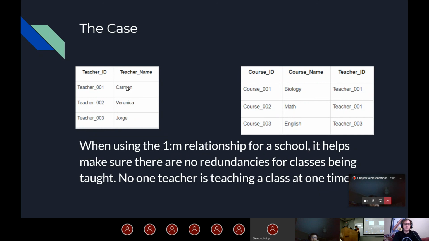And so each individual teacher has a different one, but you have to make sure that the teachers with the same names don't have the same ID code. Then the teacher ID code is the same category for the course table over here, and each individual course has its own separate ID, but the same teacher can teach multiple courses, so that equals the one-to-many relationship right there.